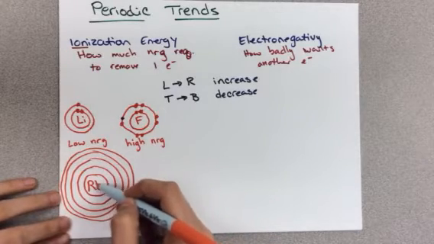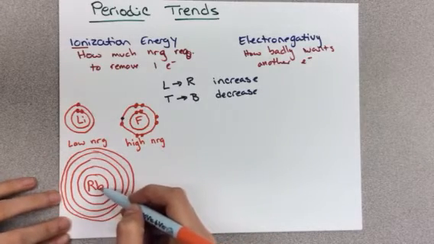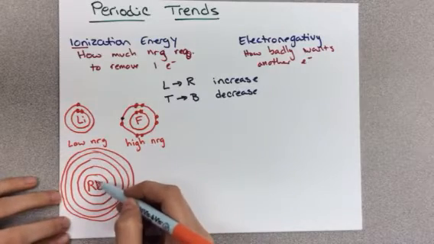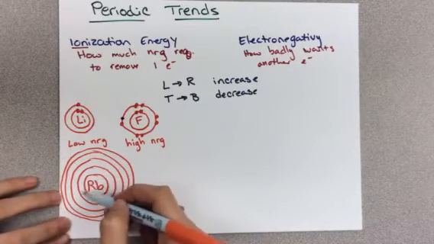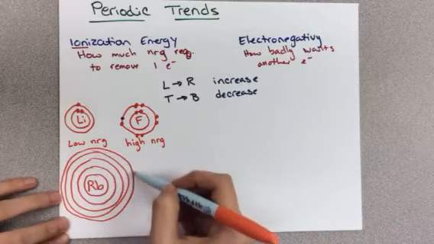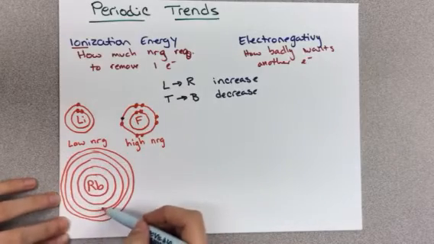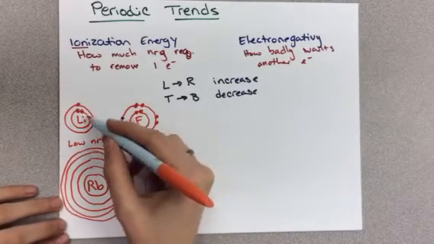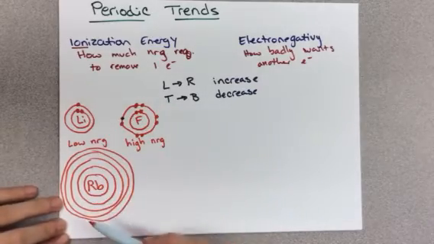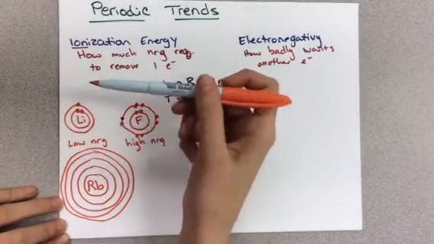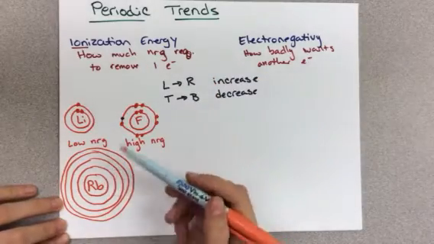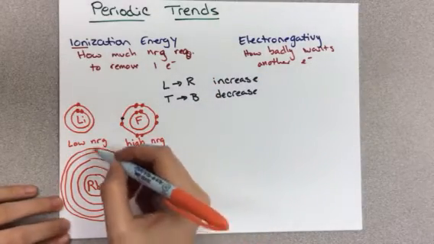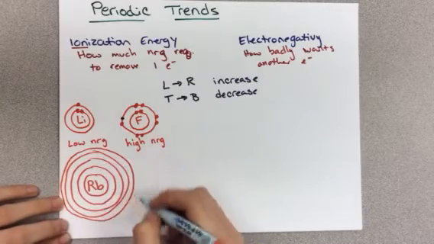Now remember, all the protons are here in the middle. They have a pretty strong pull on the electrons closest to them, but the further you get out, the harder it is to kind of keep them. So as you go down from lithium to rubidium and even farther, as you go from top to bottom on the periodic table, the amount of energy required decreases.